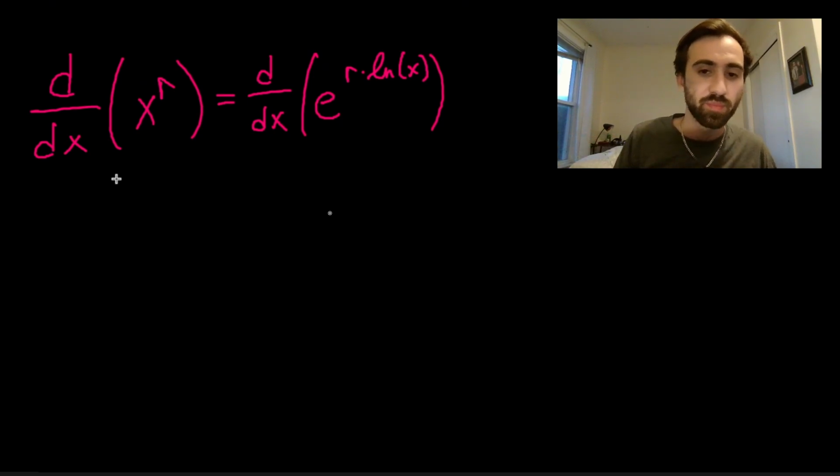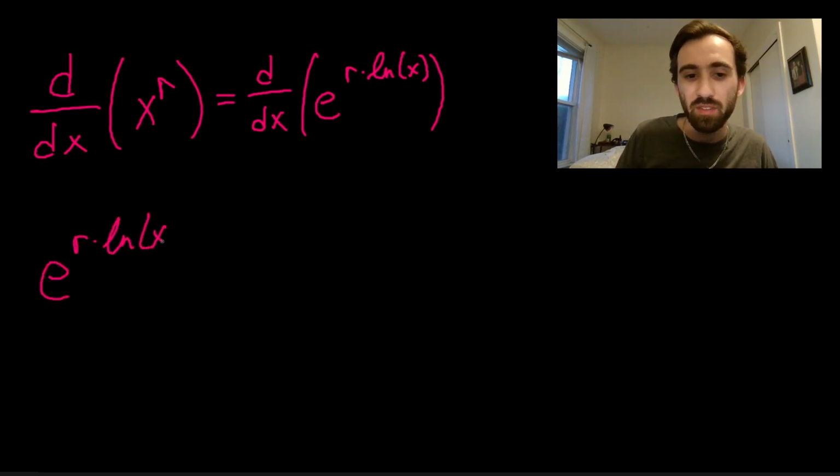So it's all fine and dandy. It's all the same. So what we find is that we can perform the chain rule on this entire operation. So this entire thing is going to be, well, the derivative of e to the power of r times ln of x. And e to the power of anything is just itself. So this is going to be e to the power of r times ln of x, times, and by the chain rule, we also must take the derivative of what's inside of here.